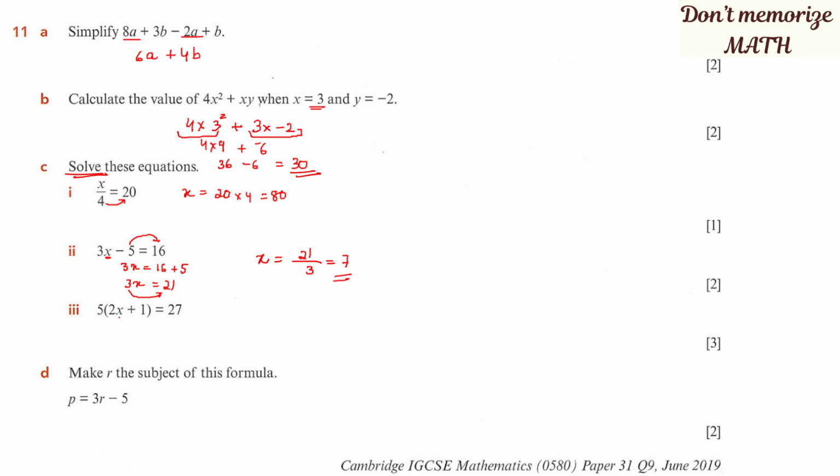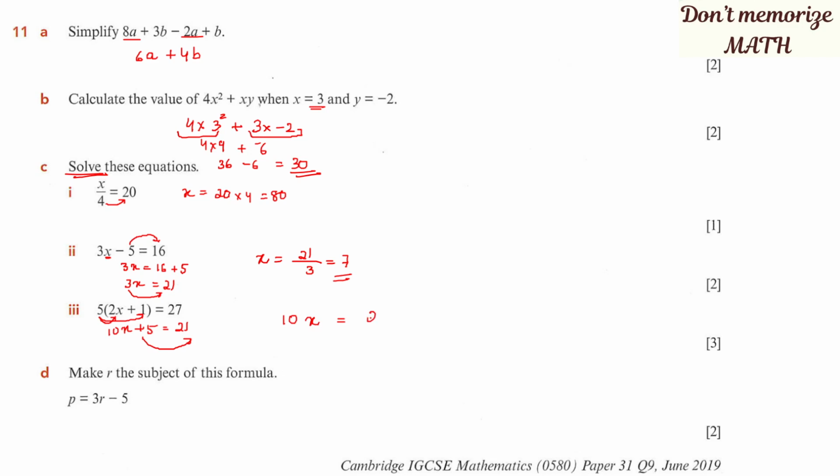Next one. Here we have a bracket. First we will expand the bracket. 5 times 2x is 10x and 5 times 1 is 5, equal to 20. Now we can do the same as we did in the previous question. First we can move the plus 5 to the right side, so it will become minus 5.